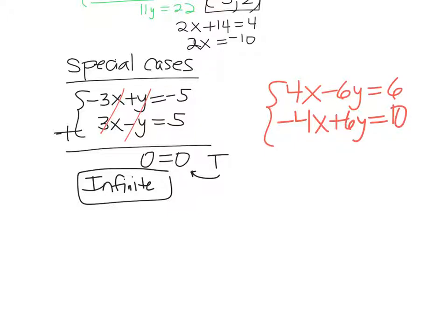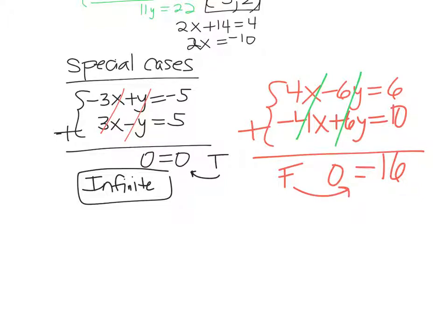All right, so the book says solve using elimination. You have it all set up to solve, and what happens is those eliminate and those eliminate, leaving you 0 on this side. But what does 0 equal? It equals 16. No, it doesn't. Not ever. So this is a false statement. This is very false. So there's nothing that would work. This would be no solution.